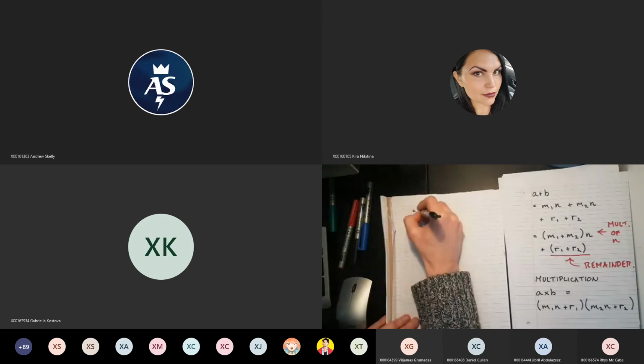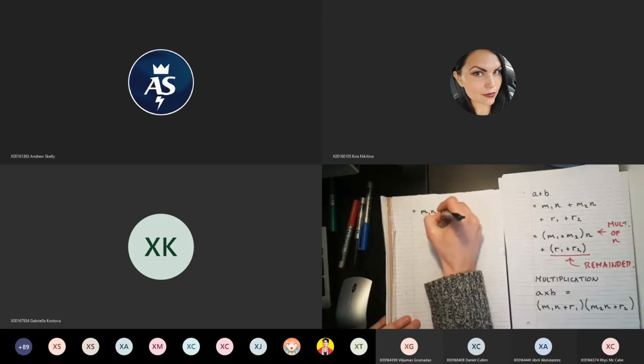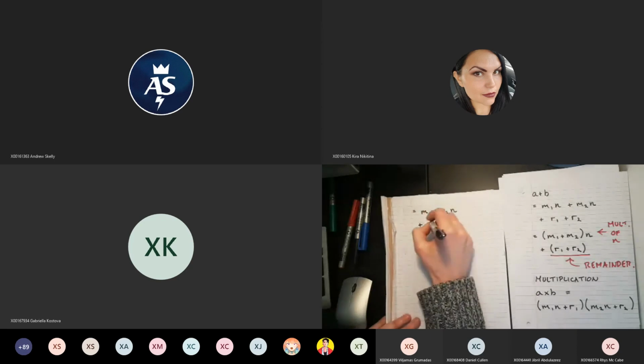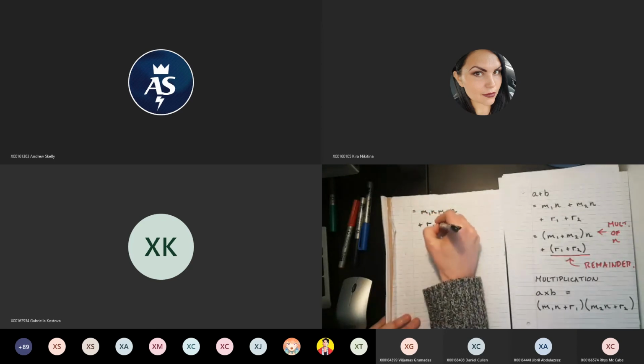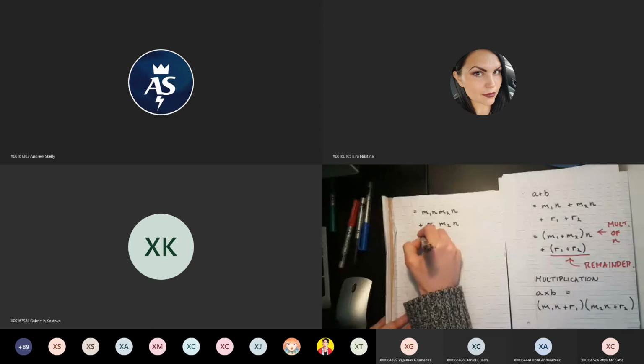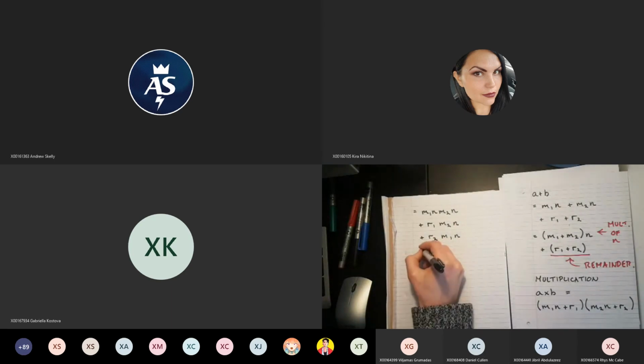I'm going to have m1 n multiplying m2 n. To that, I'm going to add on r1 multiplying m2 n. I'm going to add on r2 multiplying m1 n. And then finally, my last term is r1 times r2.